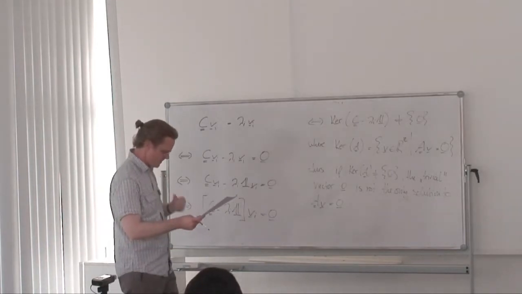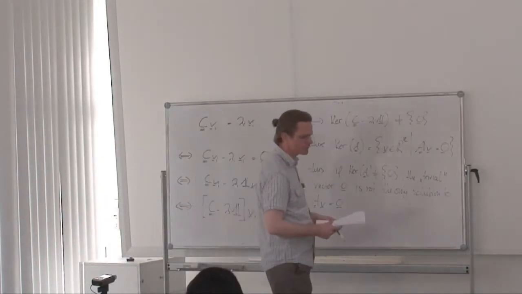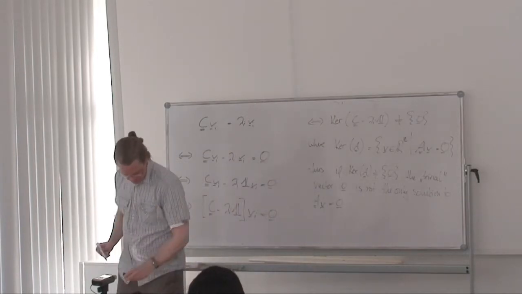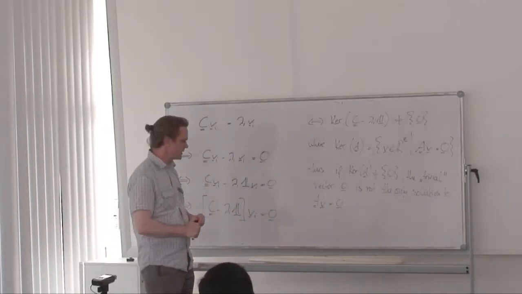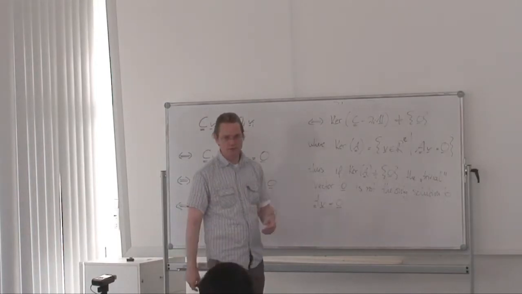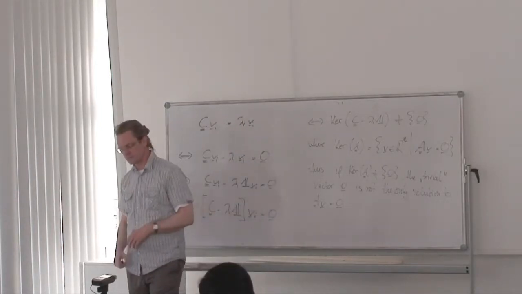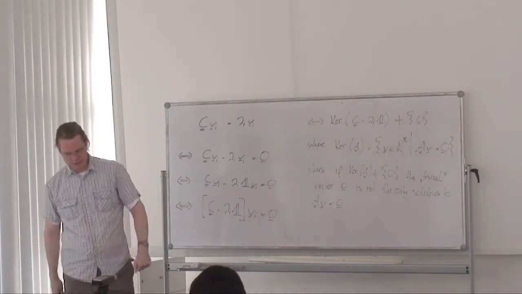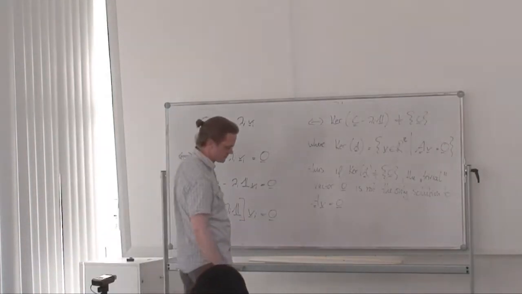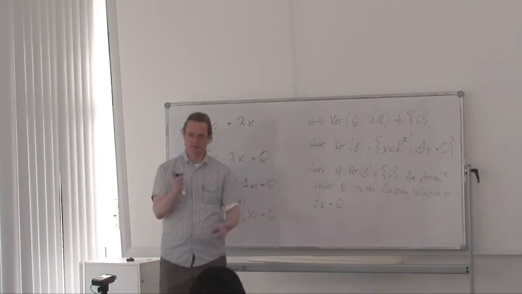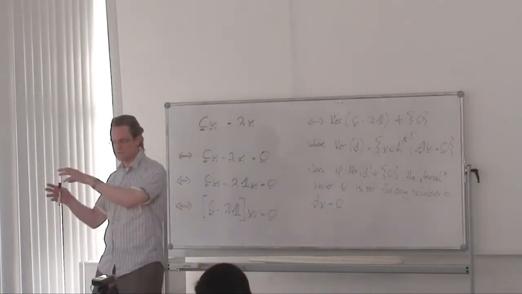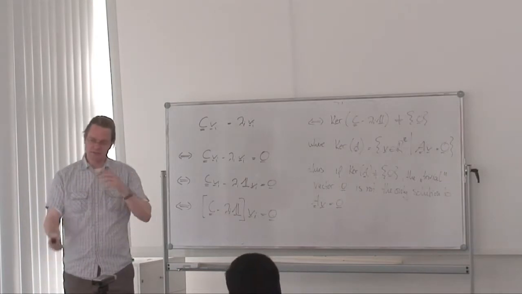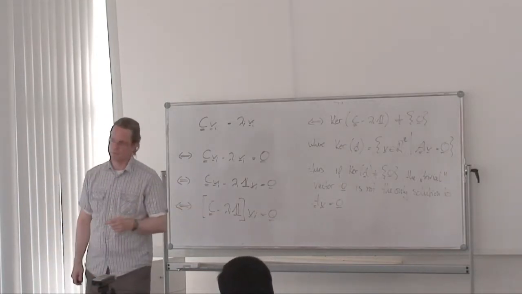And this is interesting because in order for A to be invertible, it has to be one-to-one. We apply A to some vector, we get a result, and if we can invert that operation, that is, given some result we apply A inverse, we get the original vector back.